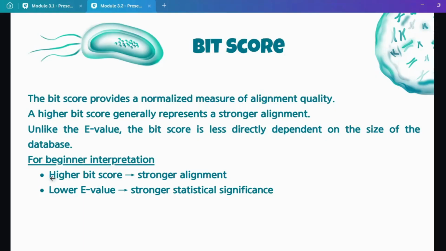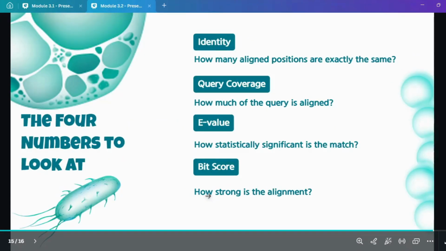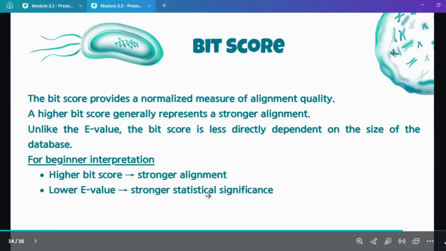For our level, a high bit score means a stronger alignment, and a lower e-value means stronger statistical significance. These two things we have to keep in mind.